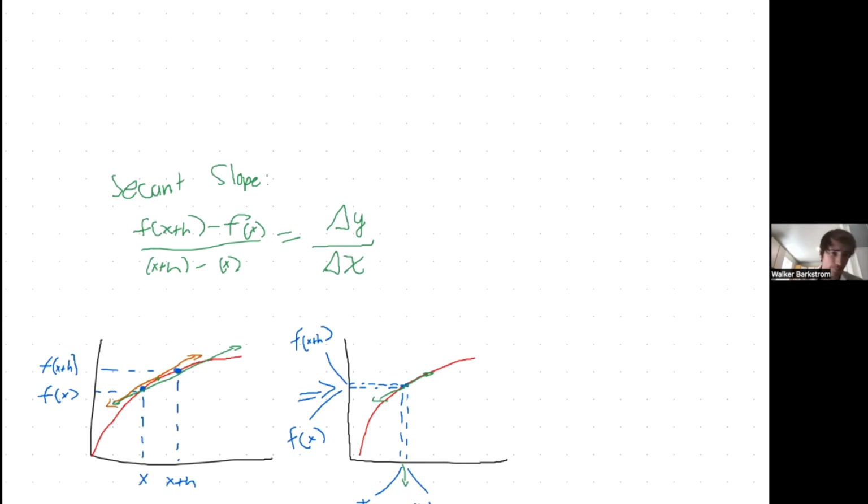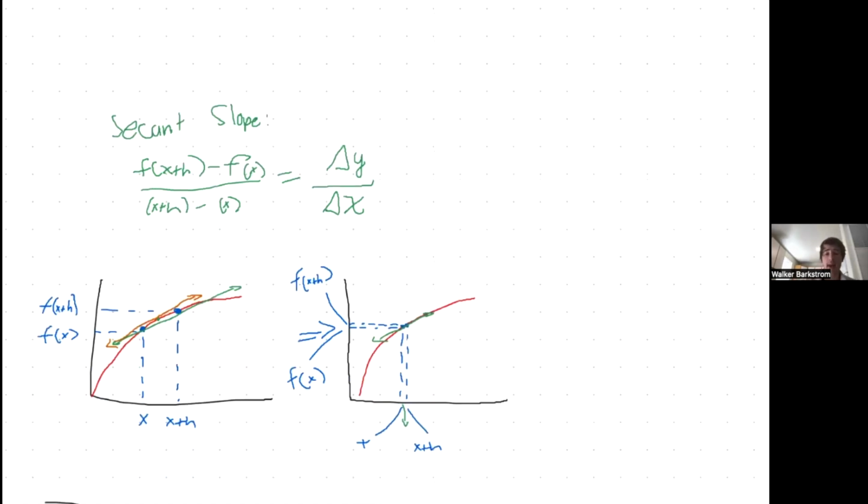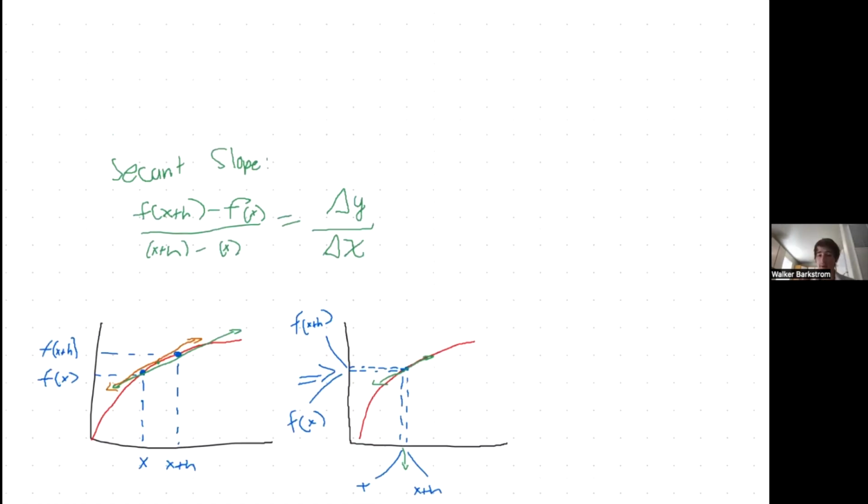To get a better approximation, we can make the gap between x and x plus h smaller. As you can see, if there was a point in the middle of these, it would be much closer to x and x plus h. So this would be a better approximation of a tangent slope. We use this idea of a secant slope in our definition of the derivative in calculus.